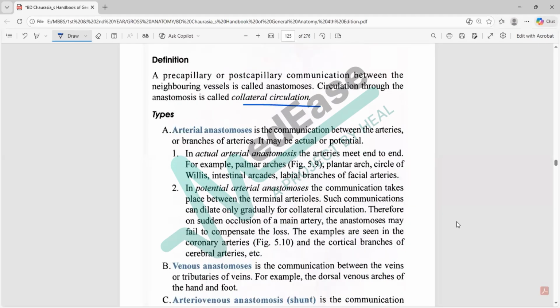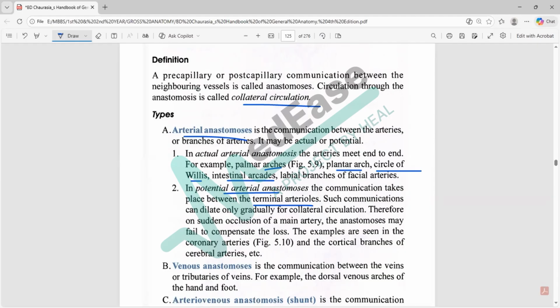Now, there are three major types. The arterial anastomosis is normally present between the arteries mainly, like the plantar arch, the palmar arch, the circle of Willis of the brain, and the intestinal arches. These are the actual arterial anastomosis. Then we also have the potential arterial anastomosis, where the communication takes place only between the terminal arterioles mainly.